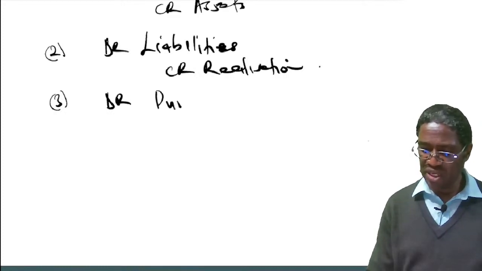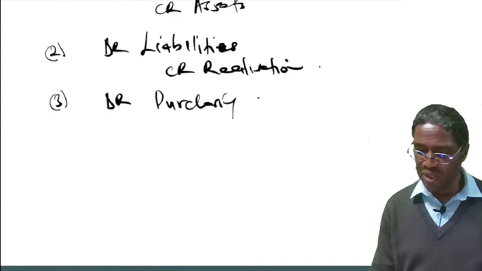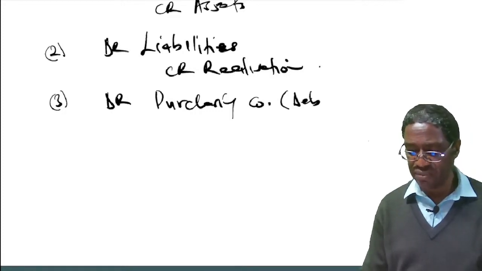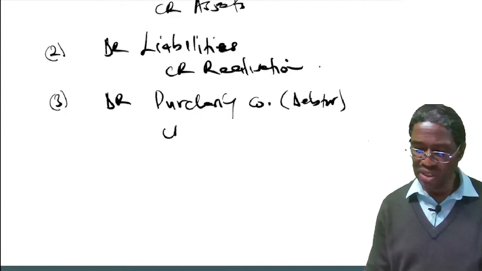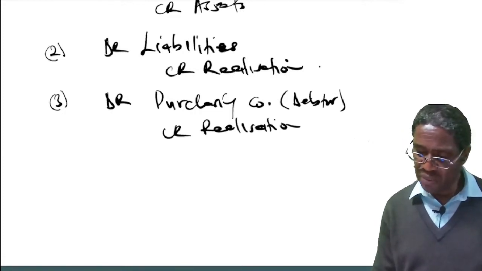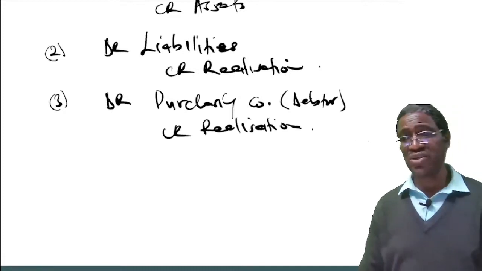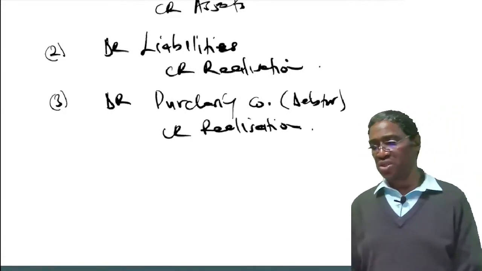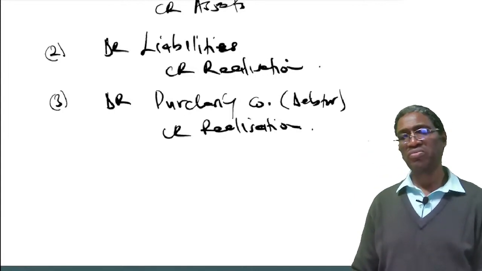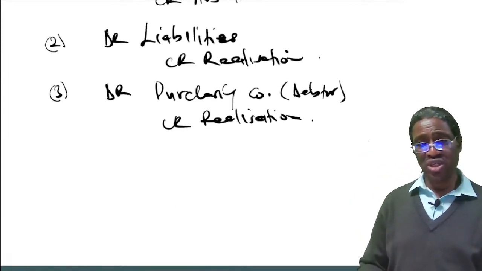The examiner will give you the name of the purchasing company; you can put it in brackets. Credit realization. Debit purchasing company, credit realization. That's our entry number 3.